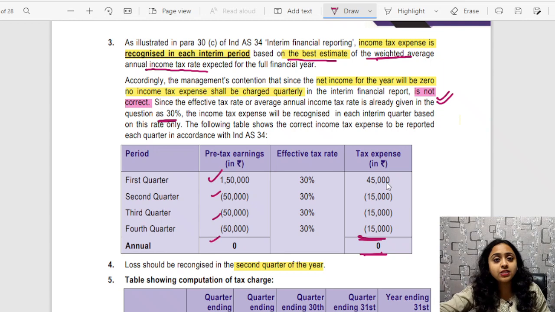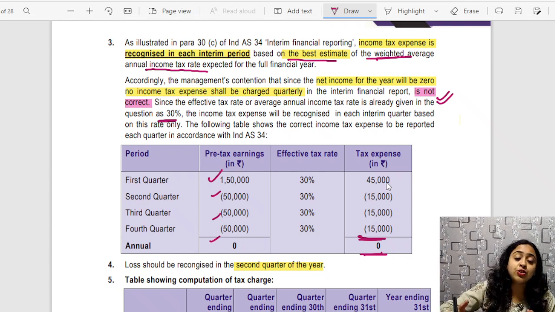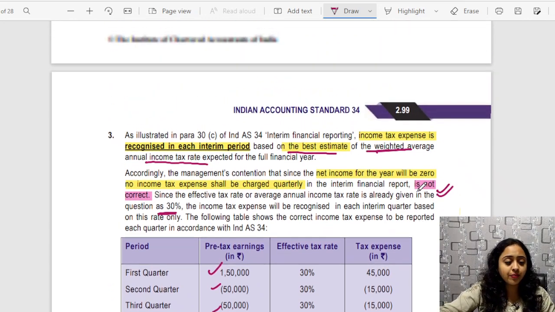So for 1,50,000 income you have to report a 45,000 tax. For the further losses you have to reverse such taxes that you have already provided for in quarter 1, but you cannot simply record zero tax in all the quarters while preparing interim financial statements. Okay, so this contention is wrong.